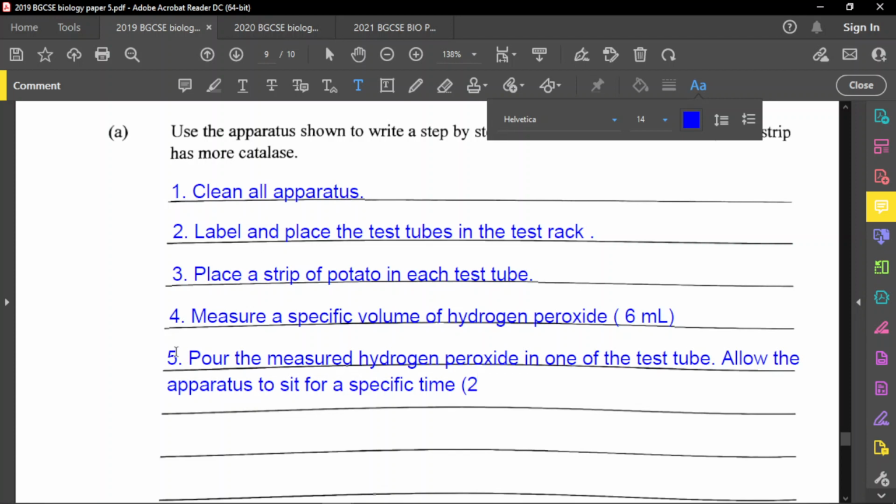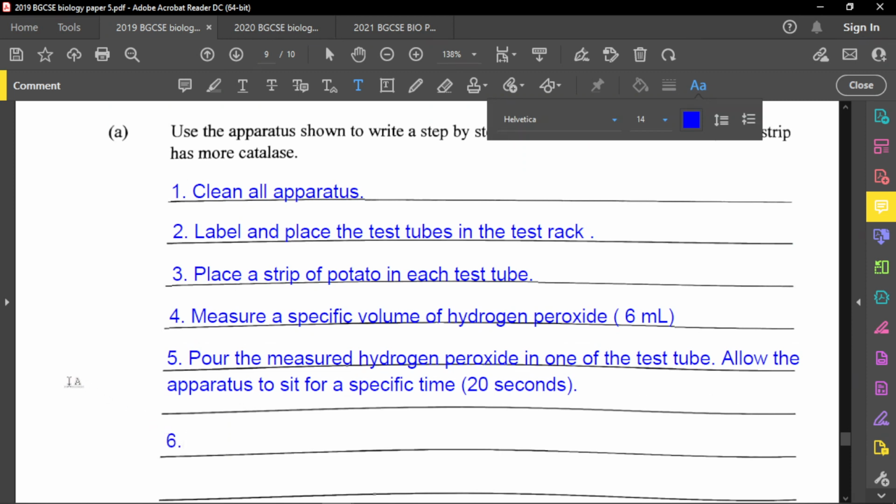A minute will be too long, to be honest with you, because the reaction will take place fast. So let's say 20 seconds. You don't really want this to go too long. If it stays too long, you're not going to get an accurate measurement of the bubbles. The bubbles will die out after a while, or it will run over the test tube.